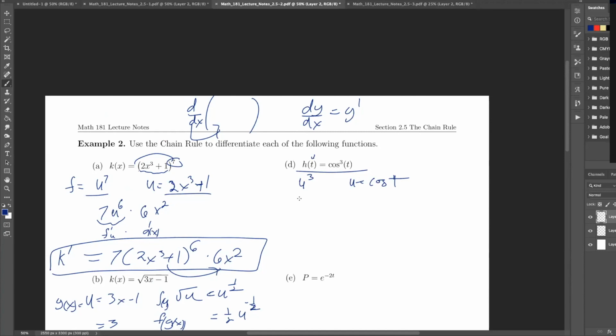So this becomes 3u squared if I take its derivative, so this is my f prime. And then here, cosine becomes minus sine, so u prime is minus sine t. And so if I took this derivative, h prime is equal to 3 cosine squared t times minus sine of t.